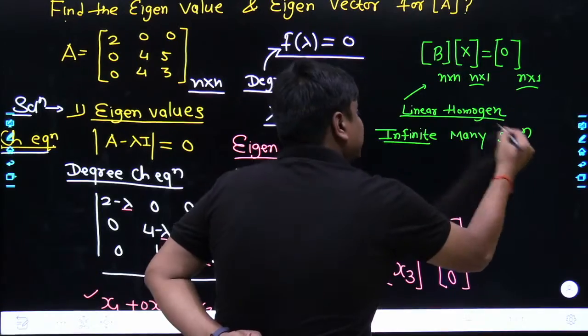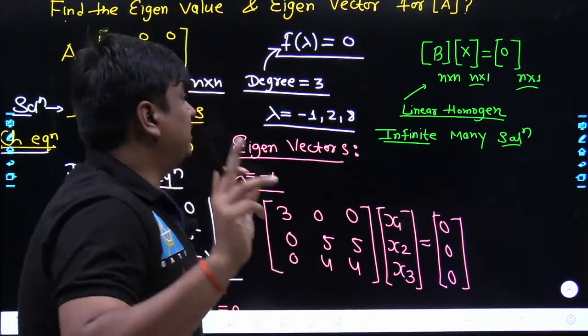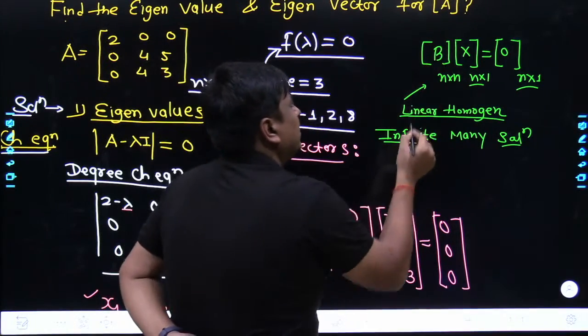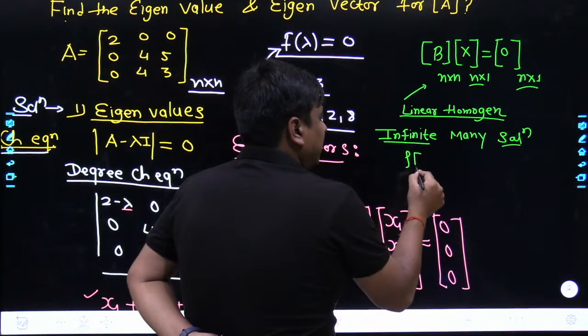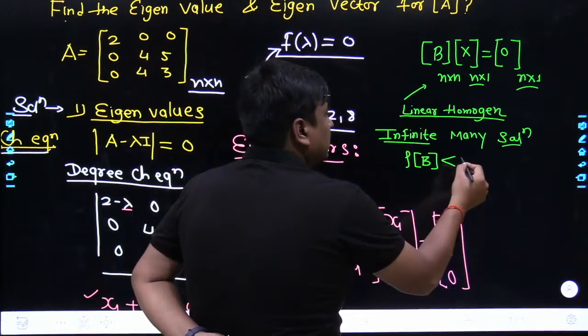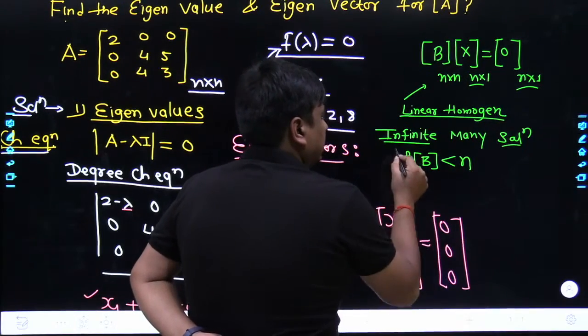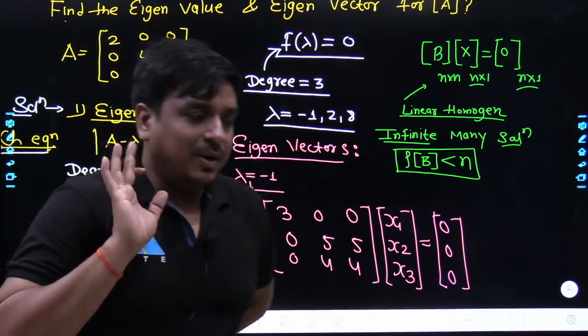Everything is connected. Even the rank will come into the picture. Infinitely many solutions take place when the rank of the B matrix is lesser than the number of unknowns, and here it is n. Is that part clear?